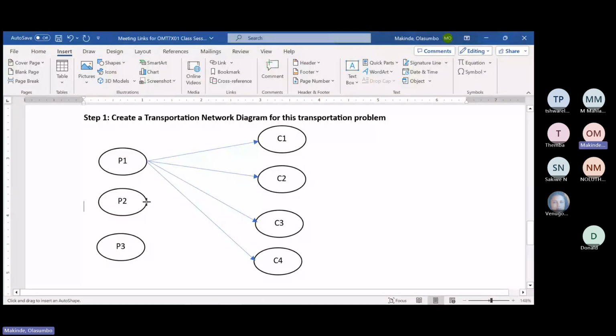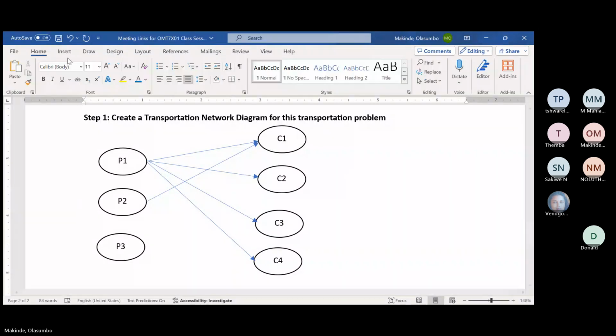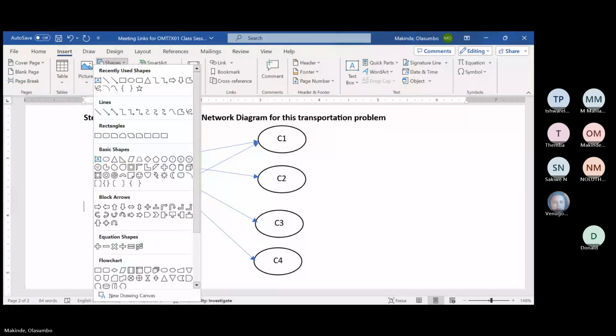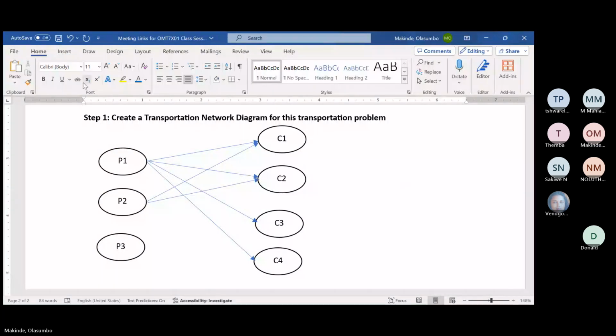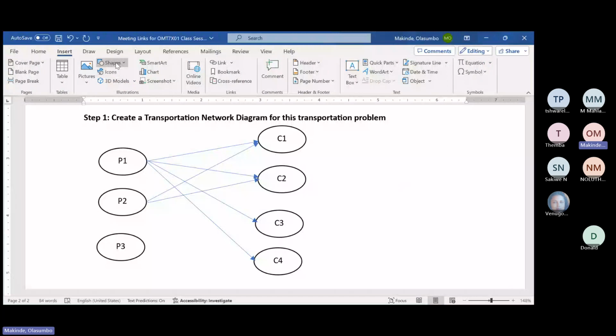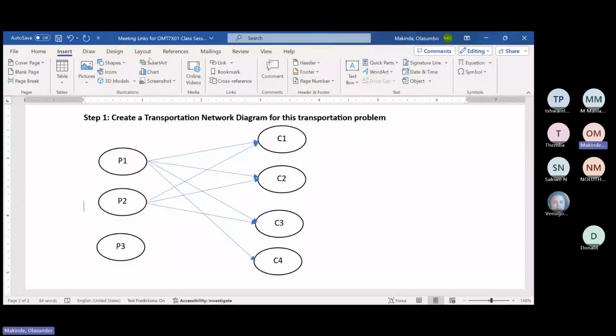Then P2 can also supply city 1, you continue like that, or city 2, or city 3, or city 4.